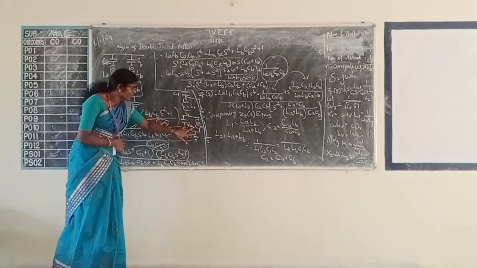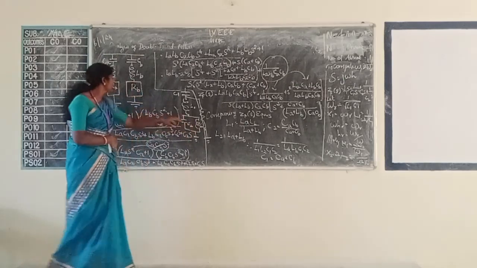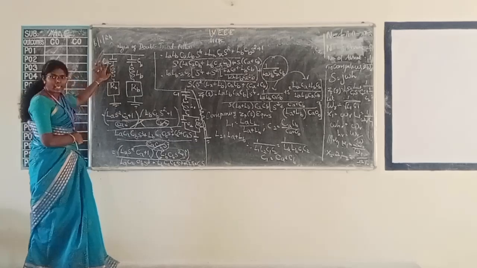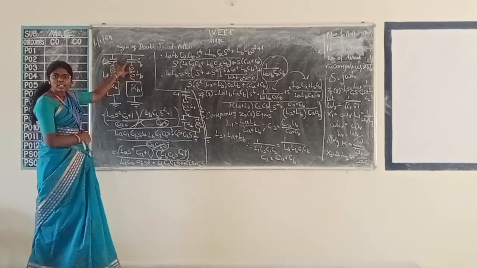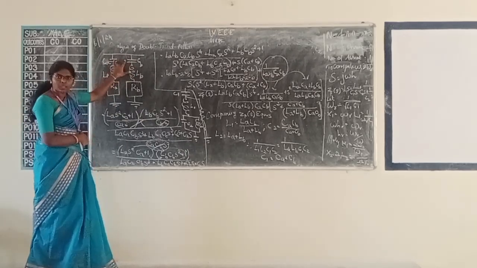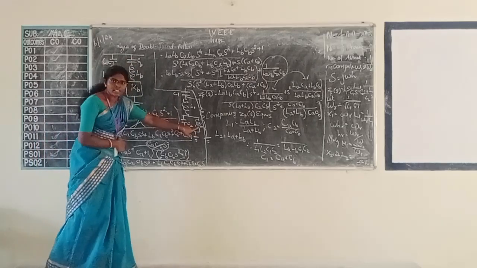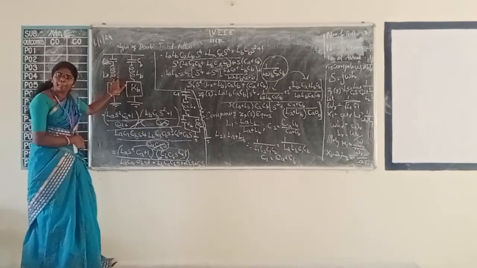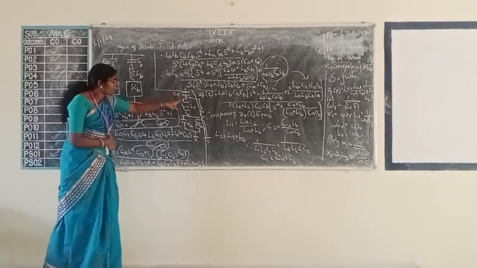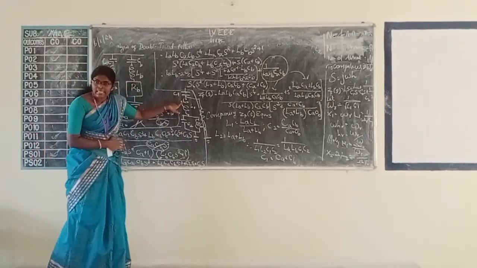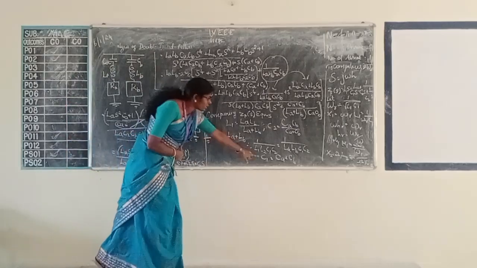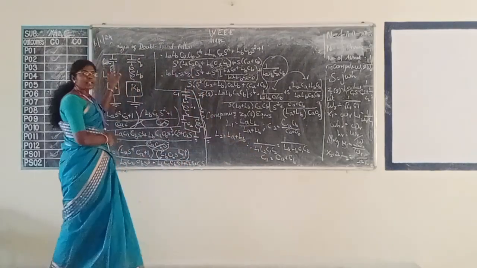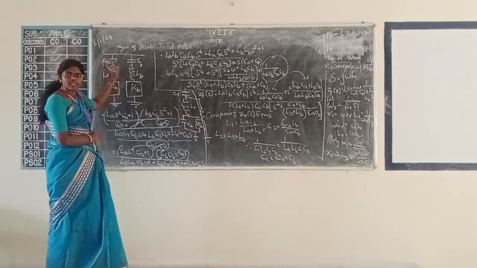So what we have done, in place of C2 it is CA, CB, so CA divided by CA plus CB. Likewise, in place of L2 it is LA, LB, so LA divided by LA plus LB. And in place of C1 and L1, how is it? Both are connected in series. So the result for C1 is the addition of both, that is CA plus CB, since they are in series.